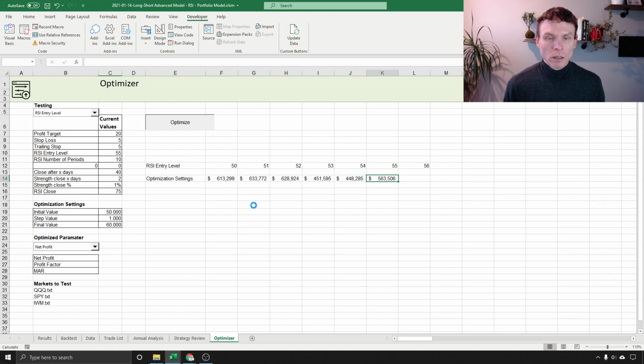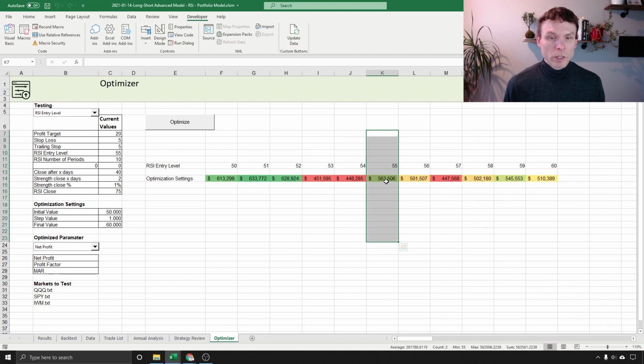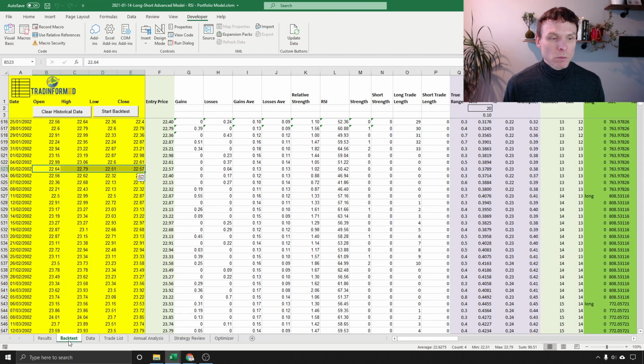And we can see in real time the different RSI entry levels. So we were entering here, which is a light green spot, suggesting it's pretty good. For this particular market, we might have been better with a lower RSI entry level, somewhere around 50 or 51. You can do all this in the same backtest model.